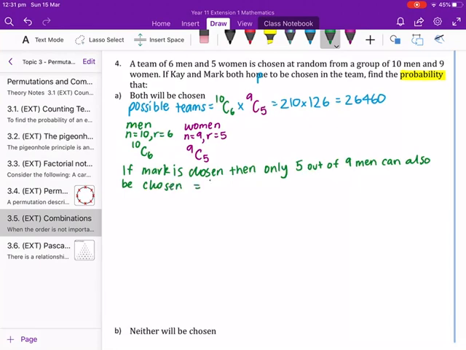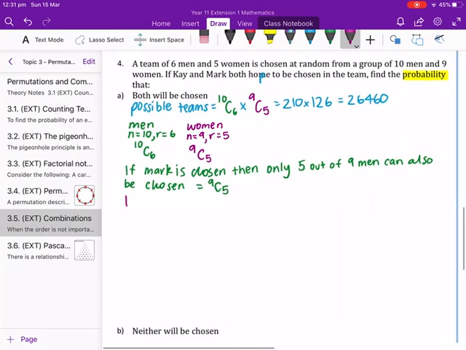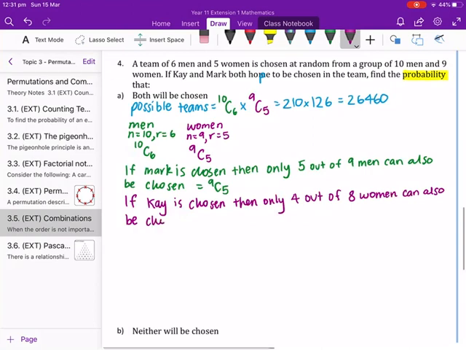So that equals 9C5. And if K is chosen, then only 4 out of 8 women can also be chosen. So that equals 8 choose 4.